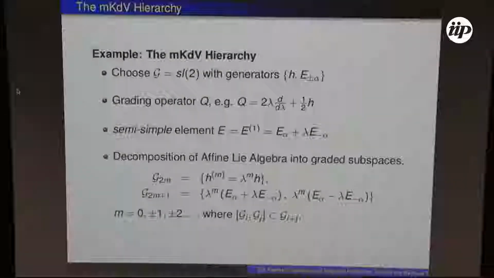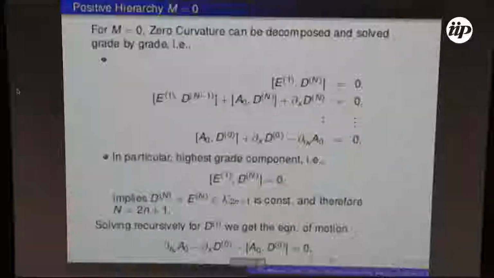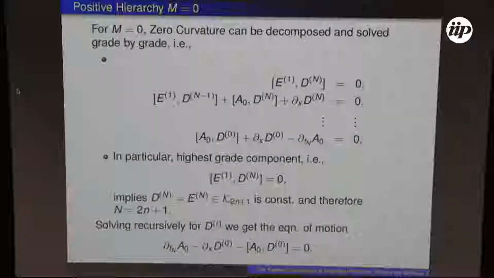As you can see, the only term with grade 0 is H0. So it's just the ordinary H. So if you take m equals 0, just think about the positive hierarchy. You start with n plus 1, and then you go until you reach this equation of motion, which is the grade 0 component.